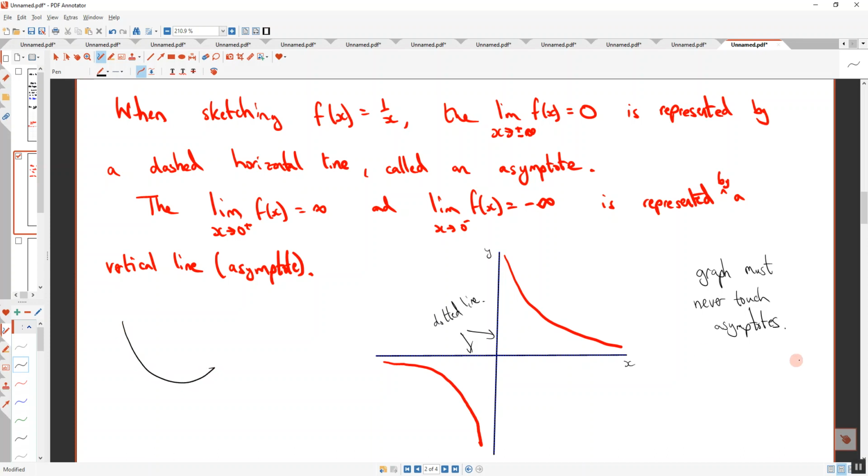It has to be getting closer to your asymptotes, but never touching. All good?